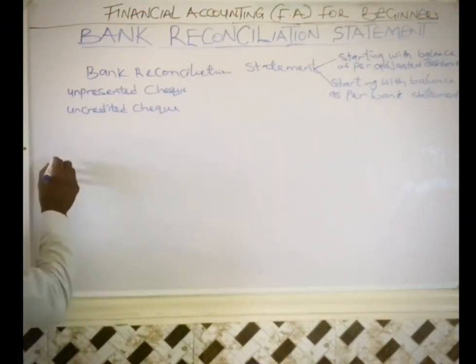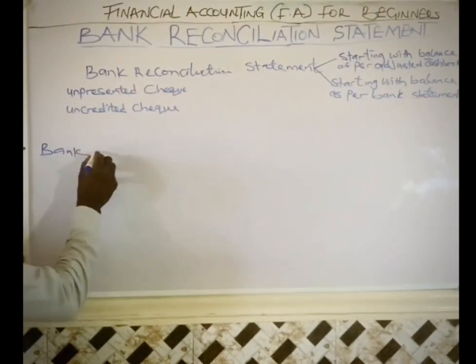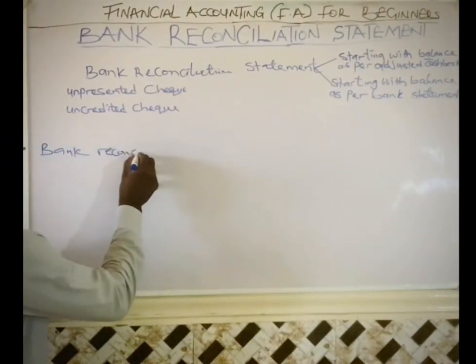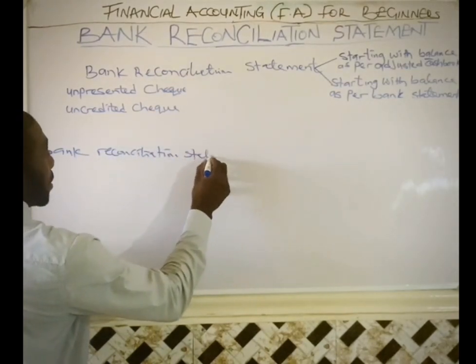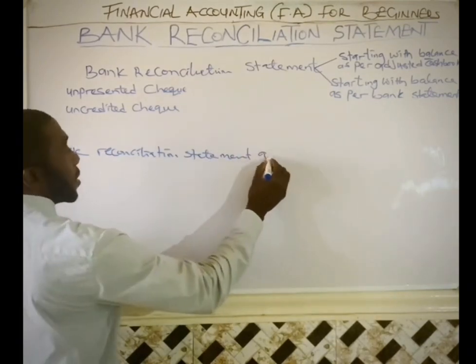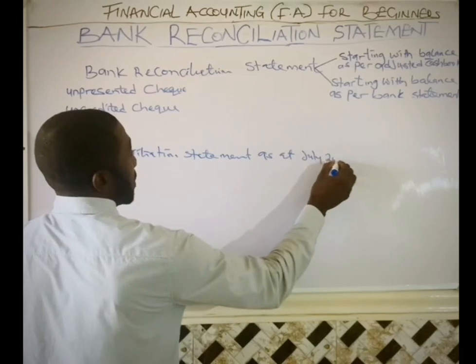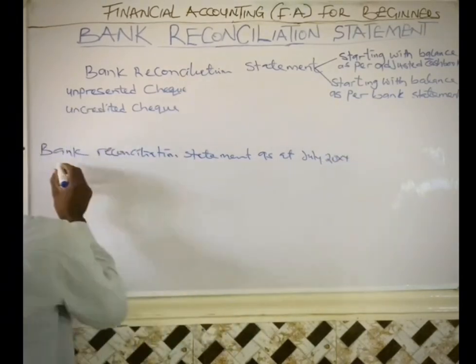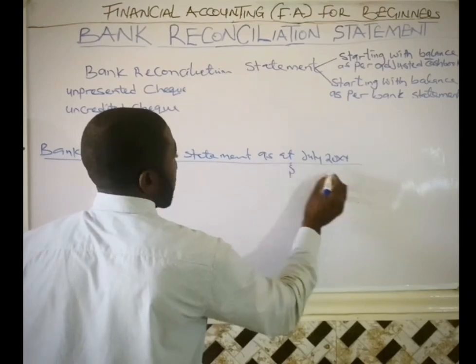Say bank reconciliation statement as at July 20XX. Then you rule it. Your currency sign, dollar.